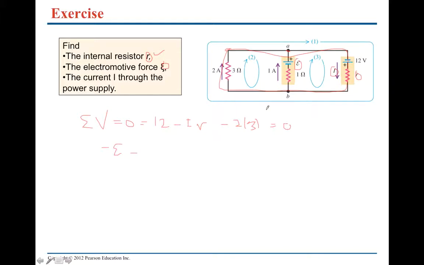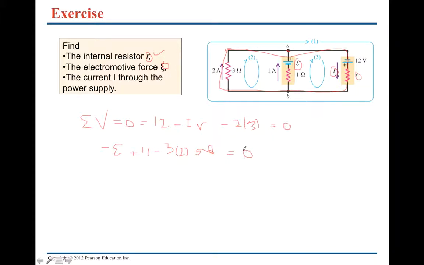Then remember, I'm going against the motion, so that will be plus 1 times 1, because that's 1, this is 1. Then I go this way. This one is minus 3 times 2, and 3 times 2 is equal to 6, equal to 0.